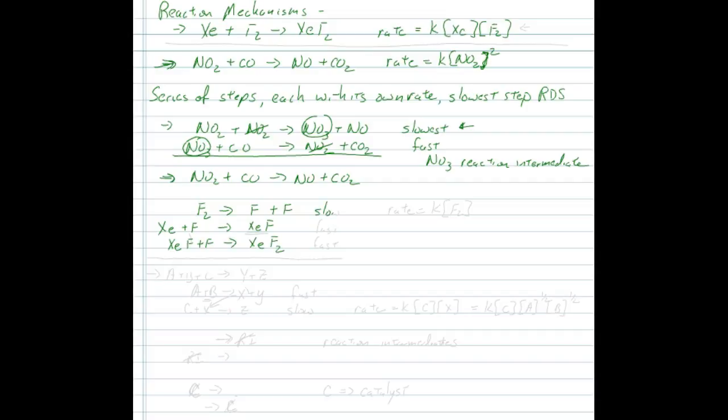If this is a slow step, then the rate would equal k times the concentration of F2. But that is not what the reaction is. The only way to get the observed rate law is to have Xe plus F2, so this is a one-step reaction.